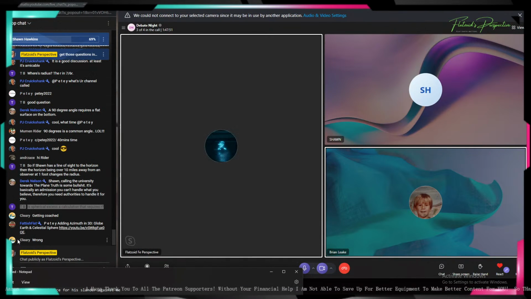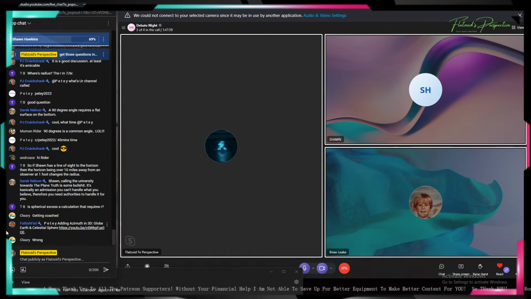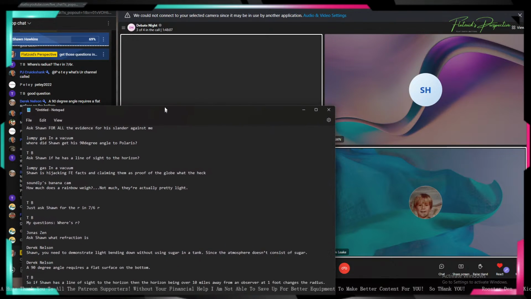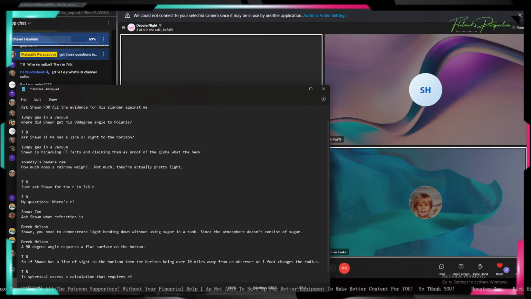It's homogenized, basically just the air we breathe. The pressure doesn't go down fast enough to cause any refraction. That's almost like saying there's refraction in a vacuum.